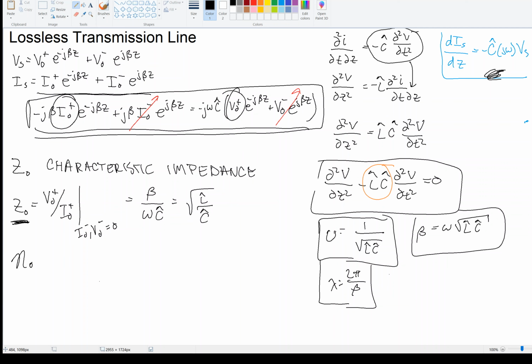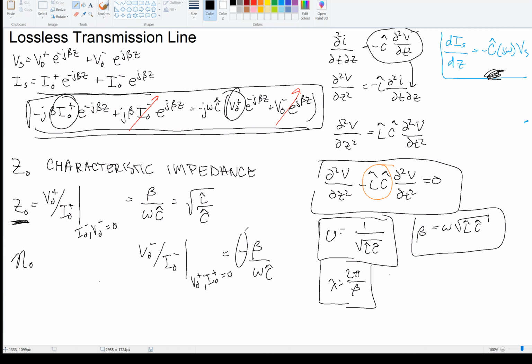Well, if we did the same thing and looked at the ratio of these with V0 plus and I0 plus equal to 0, what you would get is negative beta over omega c hat.